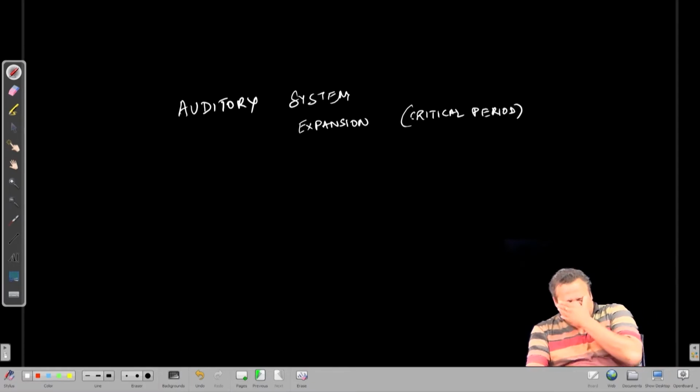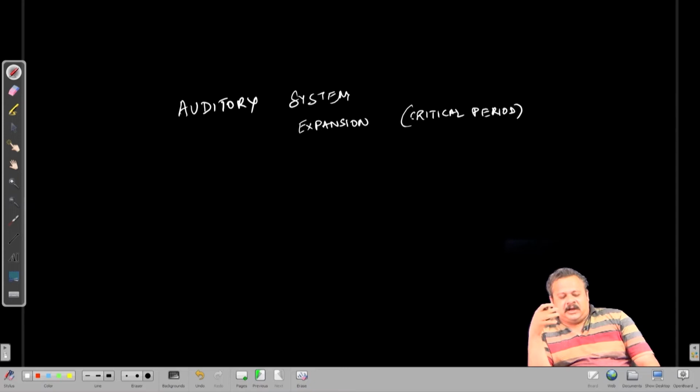And that is a window of opportunity to modify the developing cortex permanently.